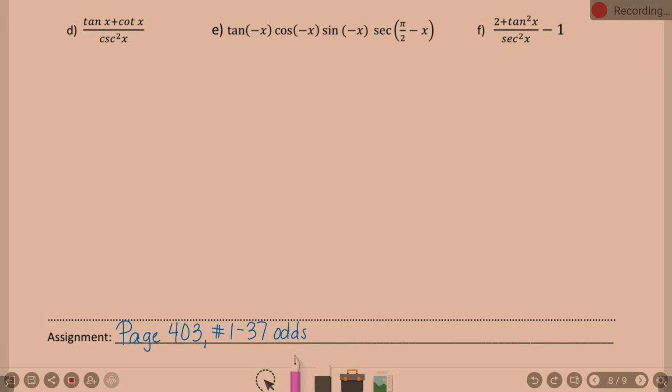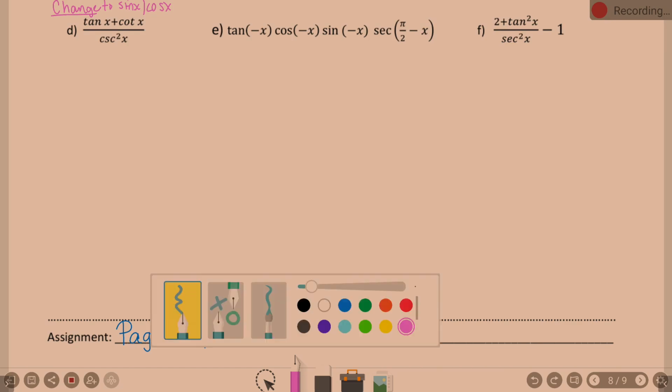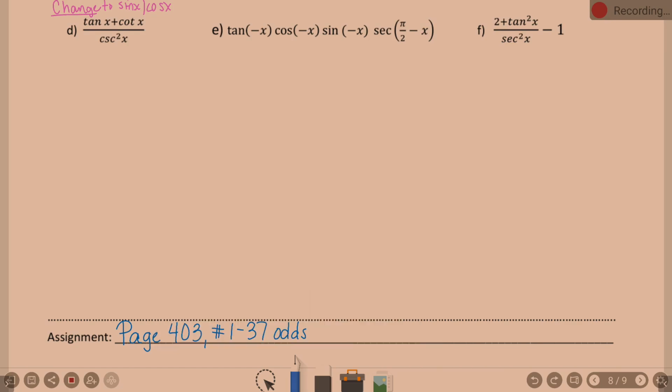So we are going to change everybody to sine and cosine. What do we know? Tangent is sine x over cosine x. It is sine x over cosine x plus, what do we know about cotangent?